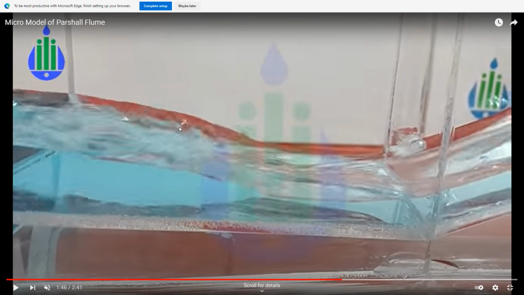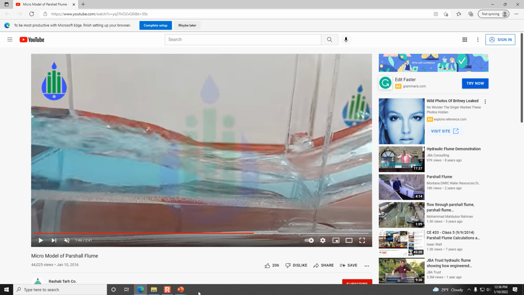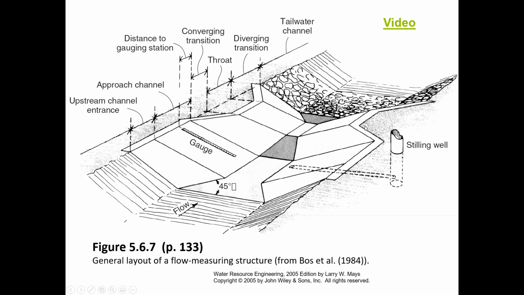If you've ever been rafting on the Gauley River or the New River, sometimes boats will go down a fall and then try and swing around behind a rock. You can surf in place, either in a boat or sometimes people will surf in rivers, on a standing wave. That's what this is, a standing wave. So by measuring the depth of flow in this flume, you can quantify the flow rate. Let me go back to this diagram.